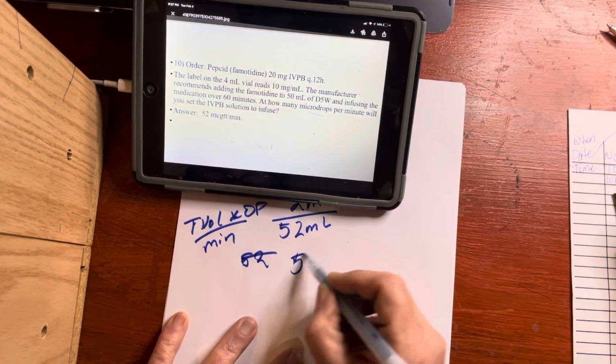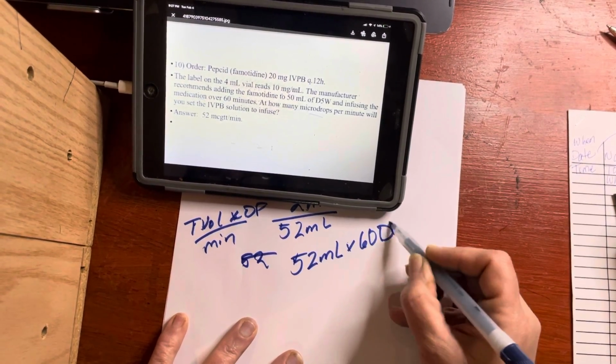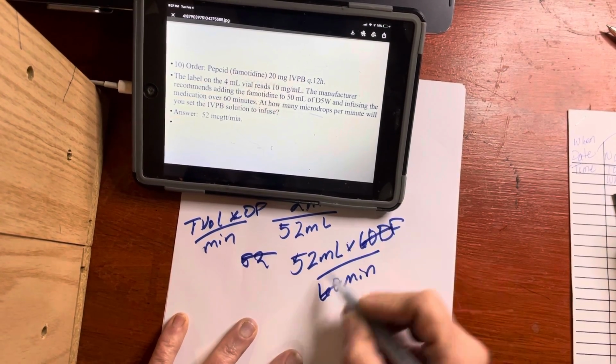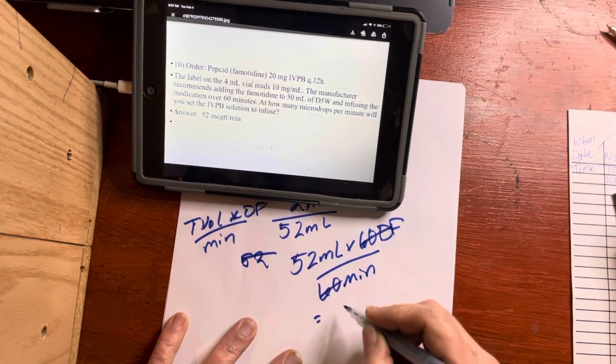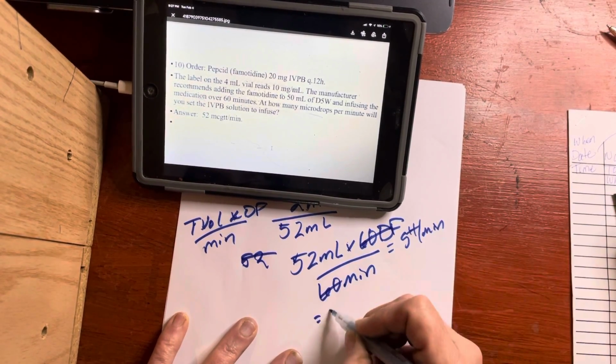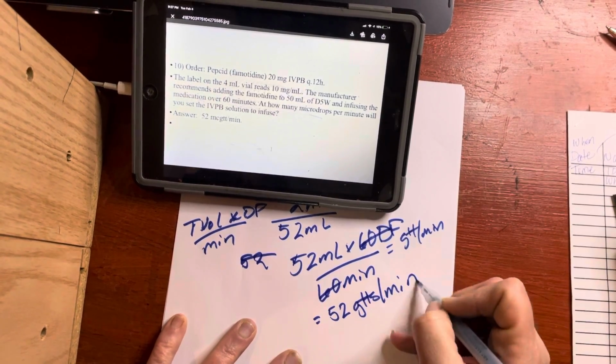Okay, 52 mLs times a 60 drop factor divided by 60 minutes. That's going to cancel out. And so the answer, this equals drops per minute, would be 52 drops per minute.